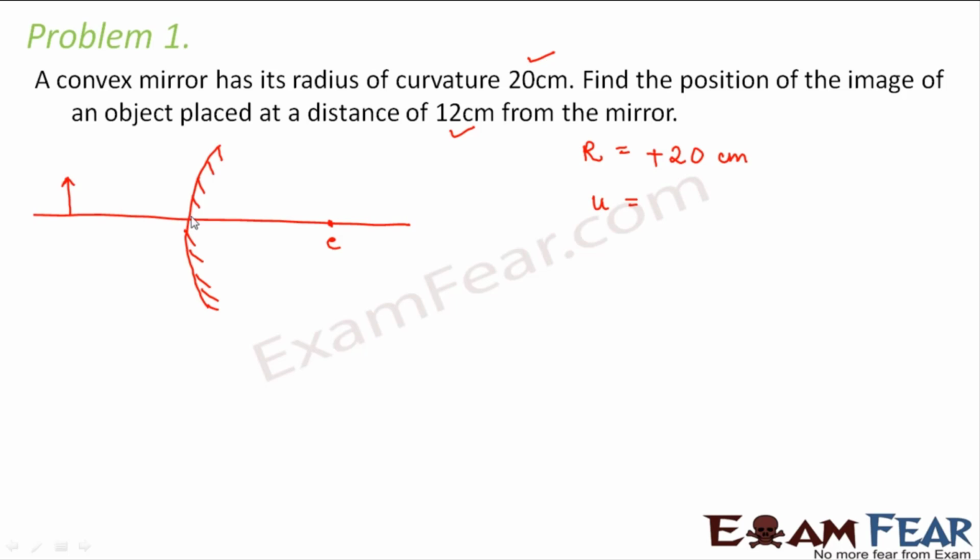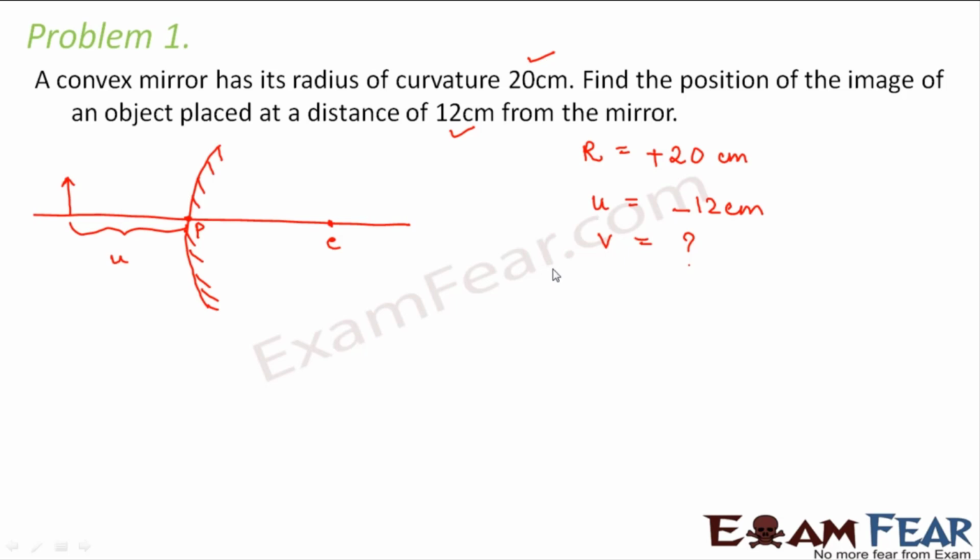Now the object is always placed on the left hand side of the mirror, right? And all distances will be measured from the pole. So this is my object distance u, and the object distance is 12 centimeters. Since it is on the left hand side of the pole, it would be negative. So we have to find out the position of the image. That means we will have to calculate the value of v.